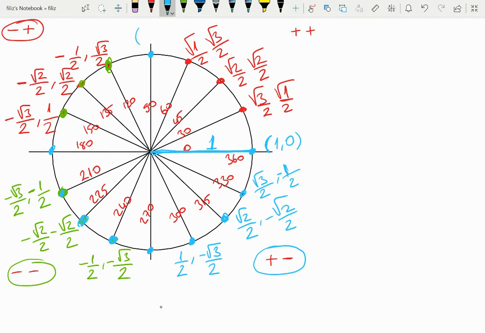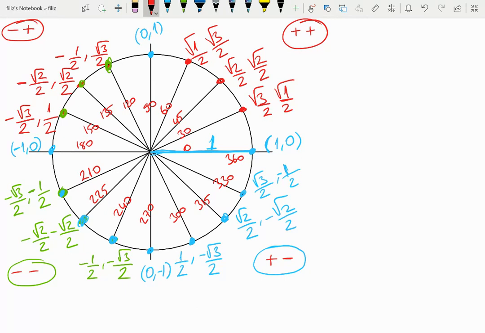Similarly here, x 0, y 1, x negative 1, y 0. So for here, x is 0, y is negative 1. Yeah, so we can write unit circle.